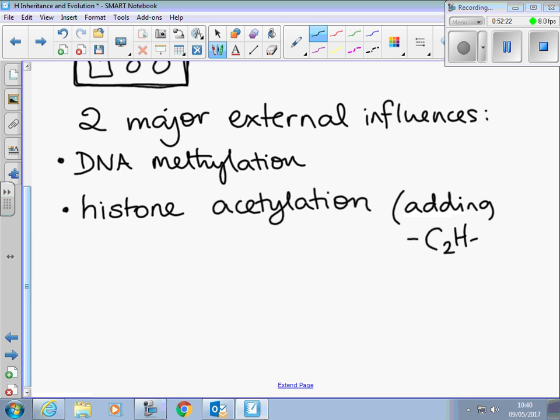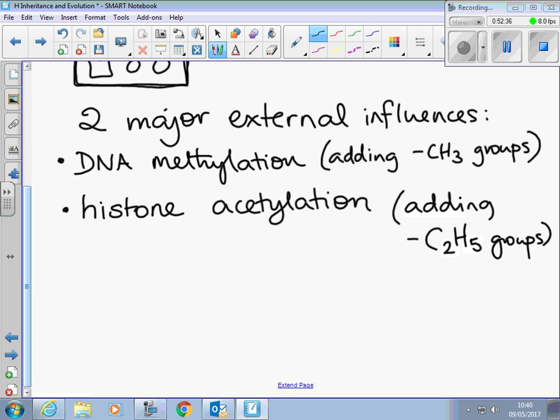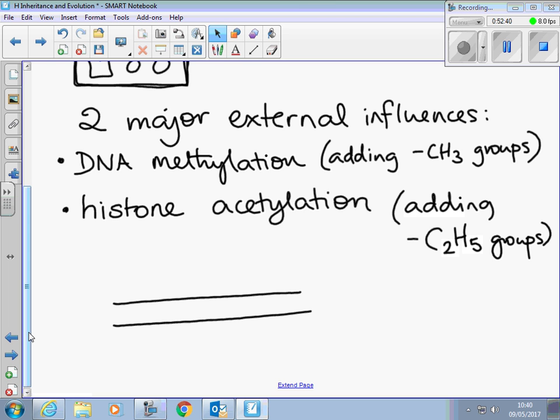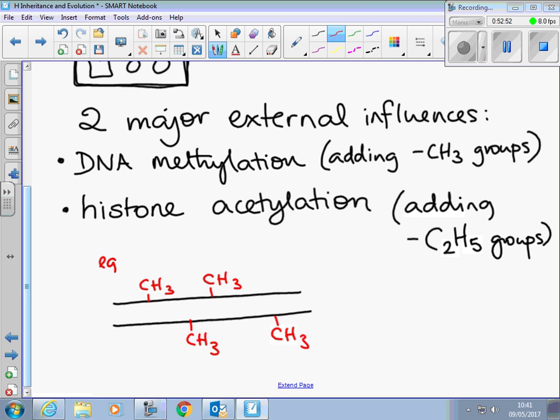And for the methylation, that would be adding CH3 groups. So if you've got a piece of DNA, here's our piece of DNA, and you just add some of these on, then you can influence the way the gene's expressed.